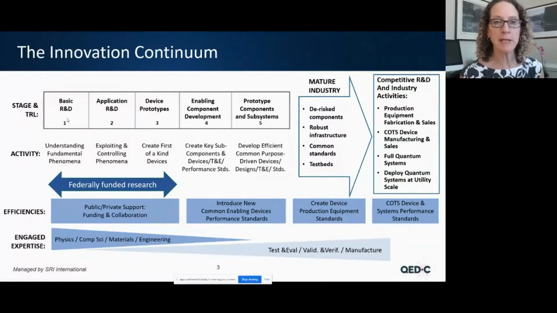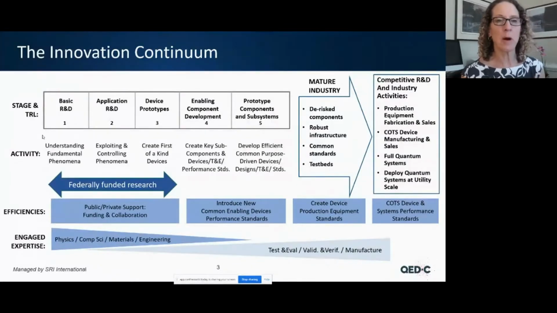The technology readiness level scale goes from 1 to 9, and so it starts at the lowest levels with very basic research, then applied research and prototyping and so on. And so there's the linear process that's often described, but of course, it's messier than that.